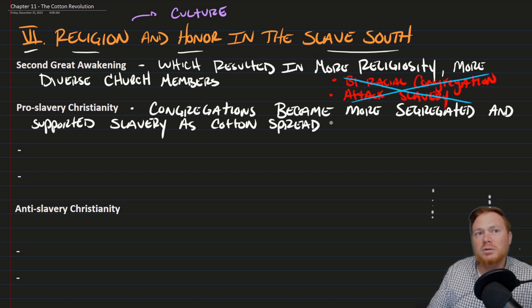So, for example, a pro-slavery type of Christianity would emphasize aspects of the Bible that would make slavery seem like it was okay.